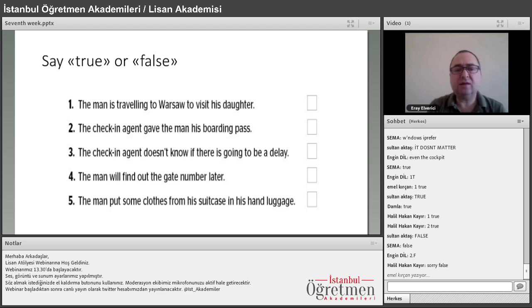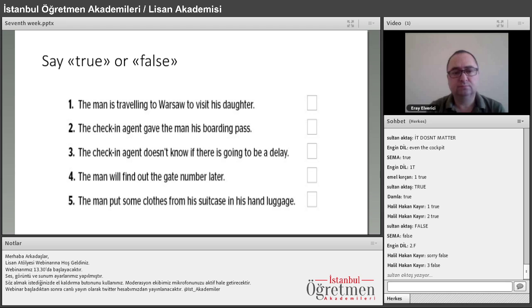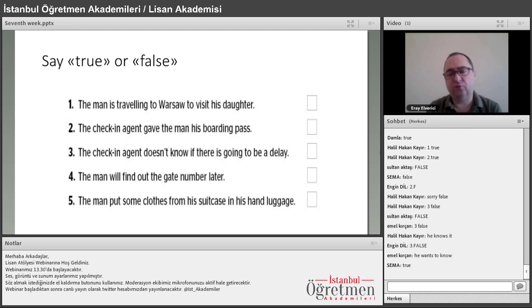The check-in agent doesn't know if there is going to be a delay. I think it is true. He doesn't know because normally if there's a delay, they inform them, but here they don't have any information about this, so it should be false.